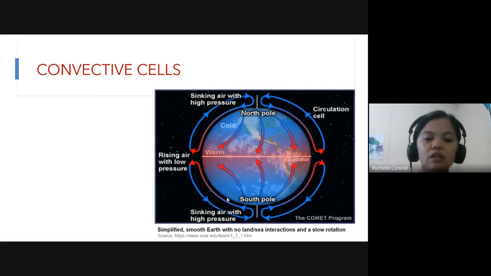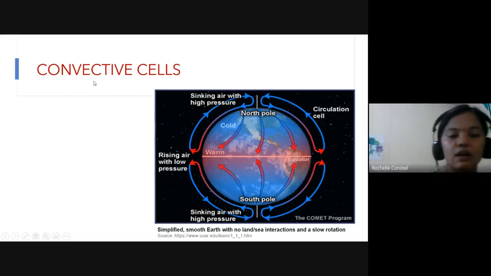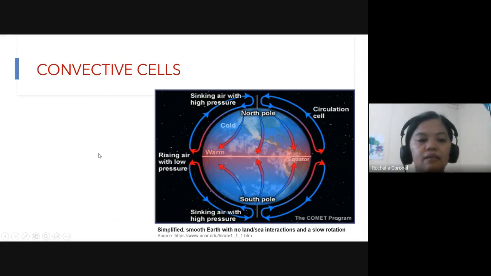Okay, so that's convection. Another very important example of systems formed through convection are the convective cells. Notice that this particular Earth is a simplified, smooth Earth with no land interaction. This is one of the simplest representations of how convective cells are created.